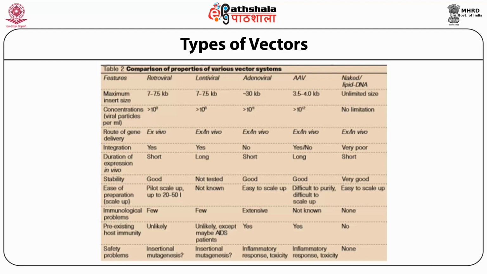The only part where they are not better than viral vectors is that integration is comparatively poor, and the duration of expression is also short. So that is why the need for repeated application is there.